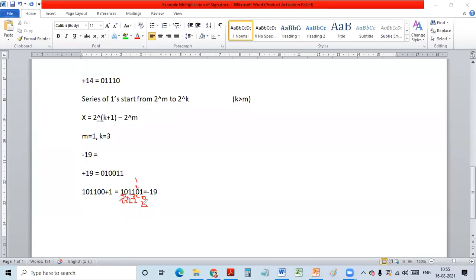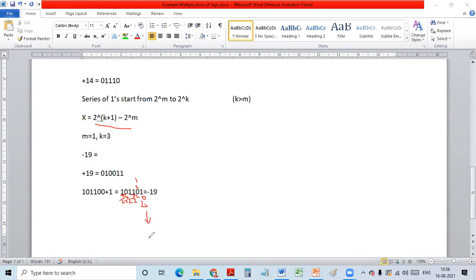So here there are several series. It is not just one, it is accumulated with them. We will be having a set of ones here, here, and here, so you'll be having three different such terms.